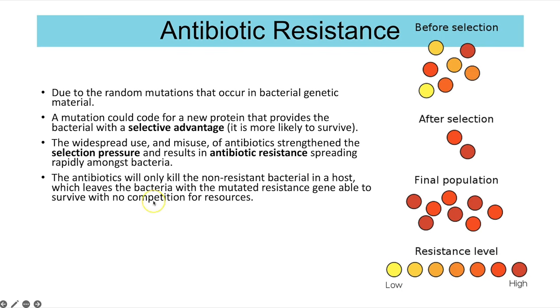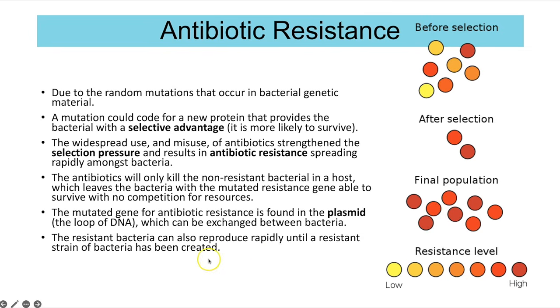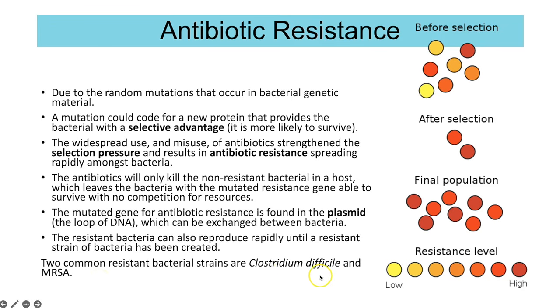They weren't competing for resources, and that's why the resistant ones were able to thrive inside of the host. As a result, you had even more reproduction and passing on of that resistant gene. So that resistant bacteria reproduces rapidly until you have an entire strain of bacteria that are now resistant to that antibiotic. Now, the two most common resistant bacterial strains are Clostridium difficile and MRSA.